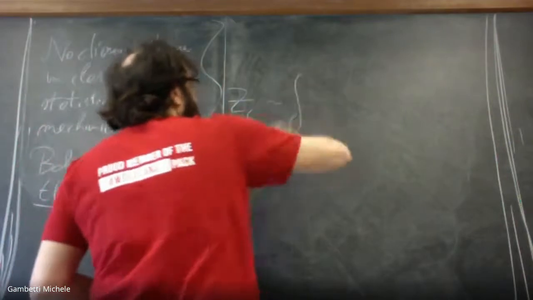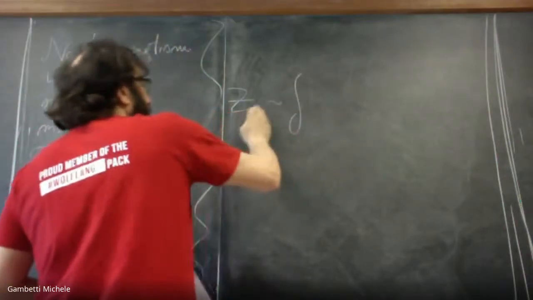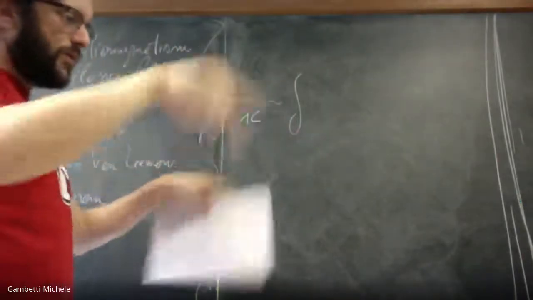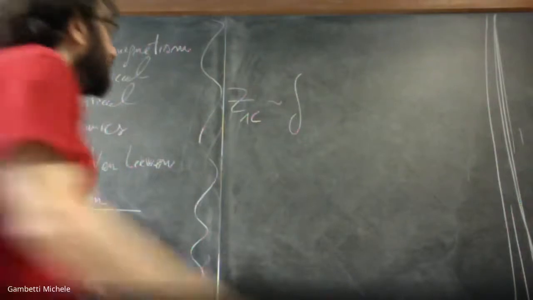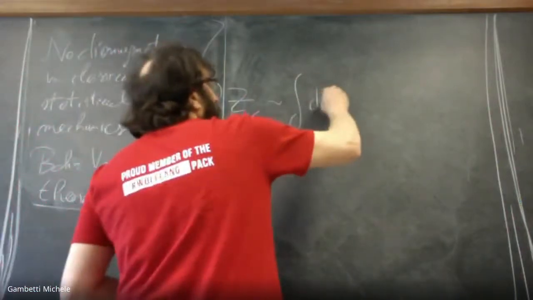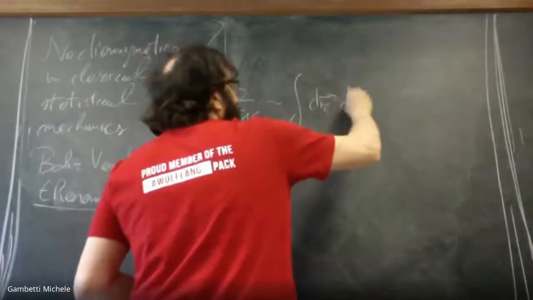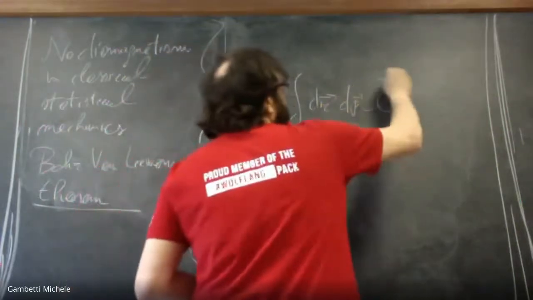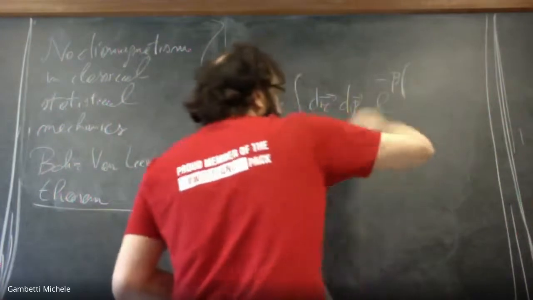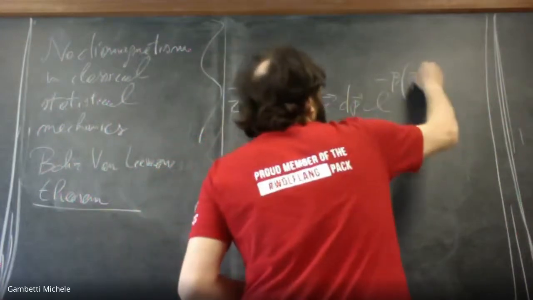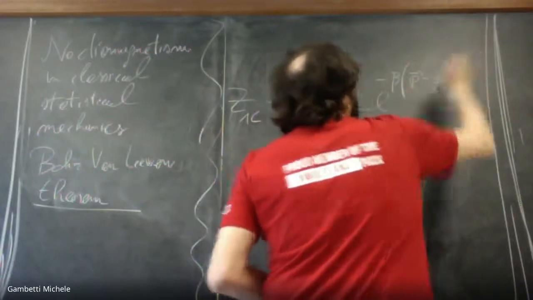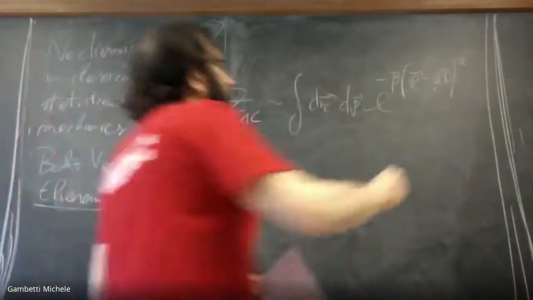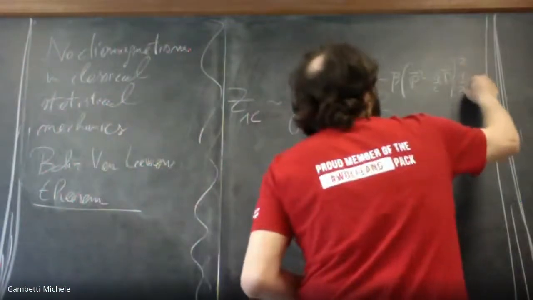Then at some point we need to do it for a single particle, and then we take this quantity to the power of N for N particles, because those particles are independent. Here I will have to do an integral over dr and dp of e to the minus beta (p minus qA/c) squared, with a 1 divided by 2m.